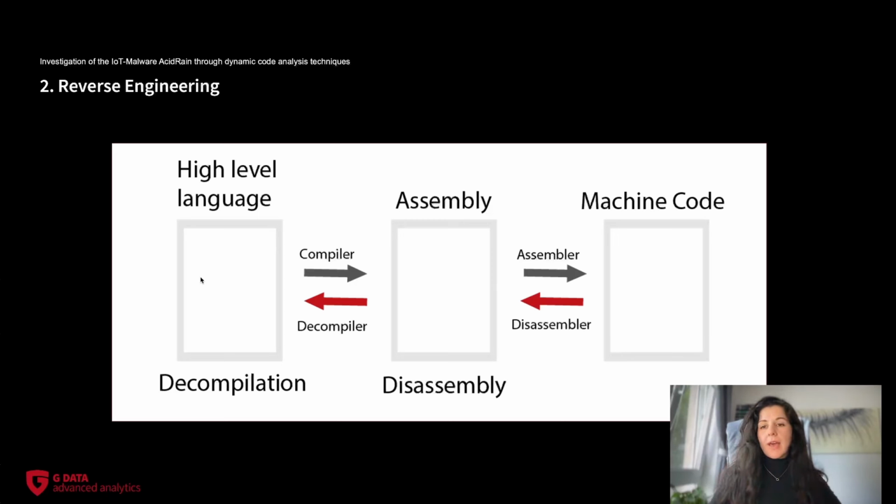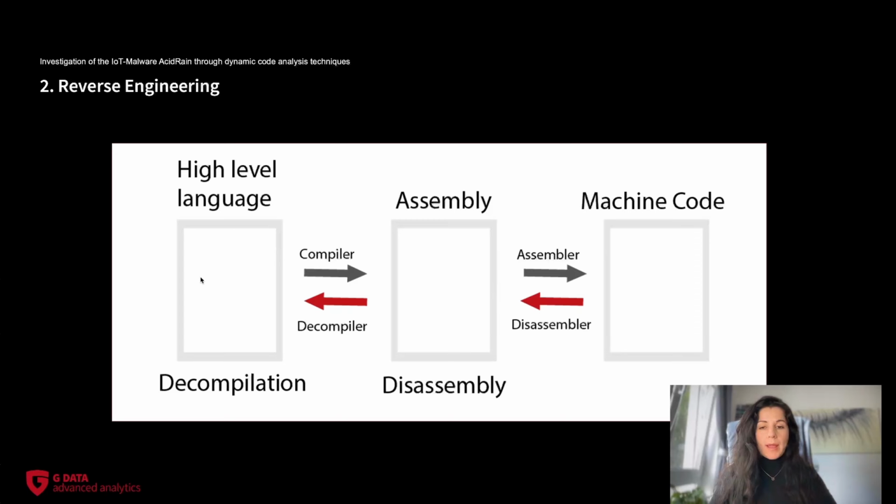We all know the high-level language code. This means like Java or C, where the code is readable because of comments or function names or class names, and this helps us to understand the functionality of the program.